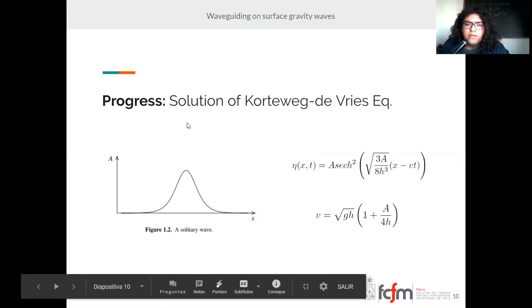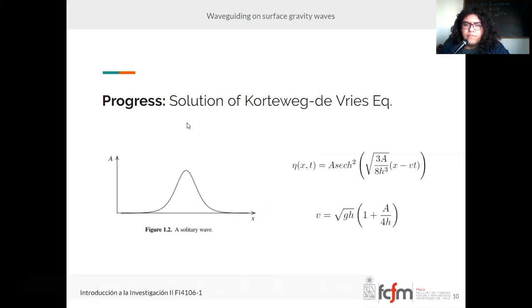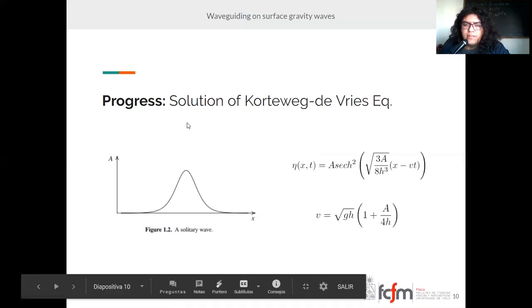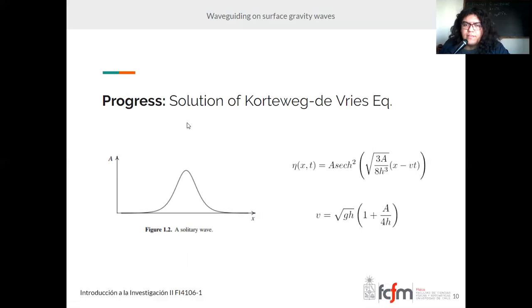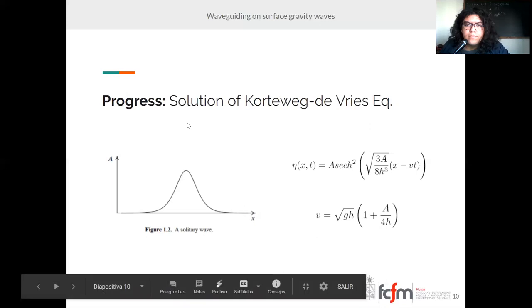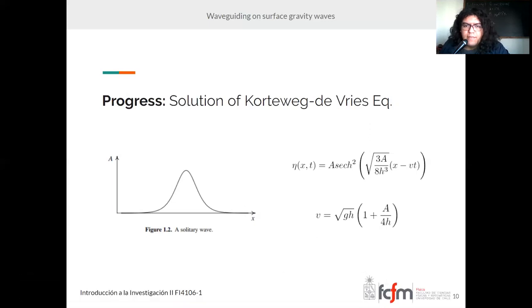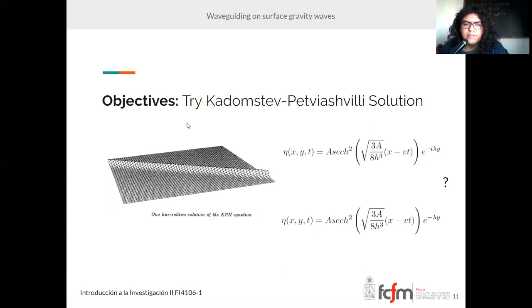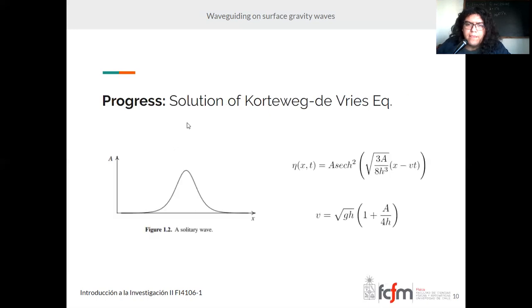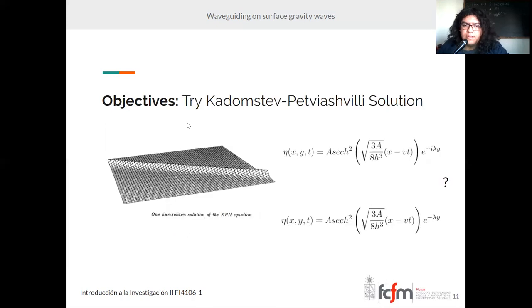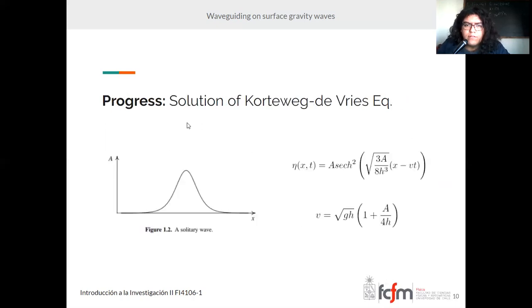One thing that is very interesting for this type of wave is that the velocity depends on the amplitude of the wave, which in this case is constant. So the next step in this research project is to try a Kadomtsev-Petviashvili solution for the problem, because this problem is one-dimensional, and in the real problem we have one more dimension.